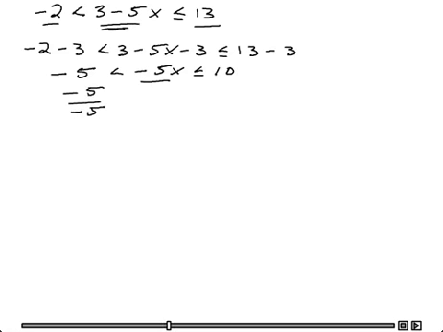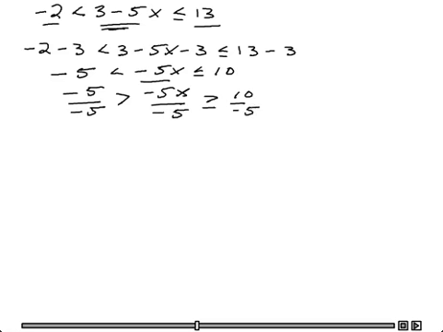That changes the sense of the inequality, and it'll change the sense of both inequalities. So it's negative 5 over negative 5 is greater than negative 5x over negative 5, which is greater than or equal to 10 over negative 5.